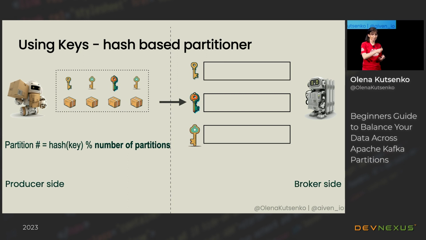And if you relied on the ordering, on the fact that you write the same data with the same key to the same partition, once you change that number, the dedicated partitions will change and your ordering will be affected. That's why changing the number of partitions, if you are using keys, is not always an easy process. We'll come back later to what you can do here, but for now let's move to the third scenario.